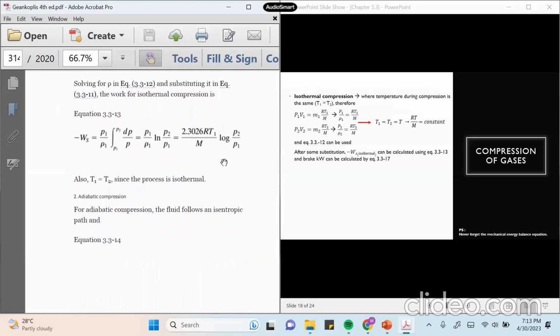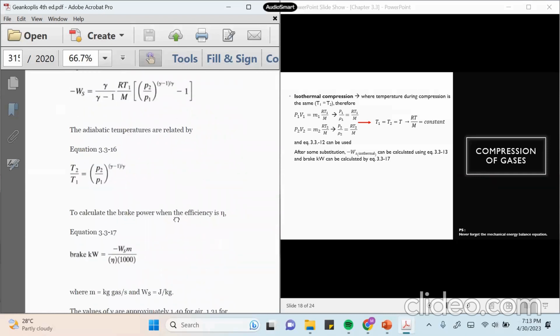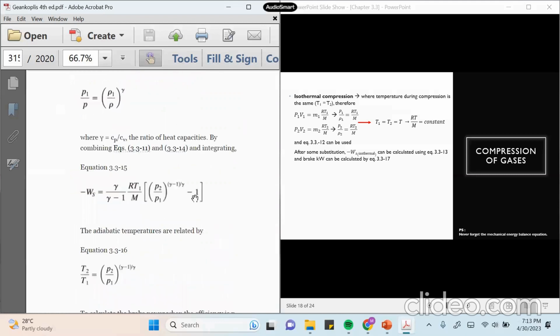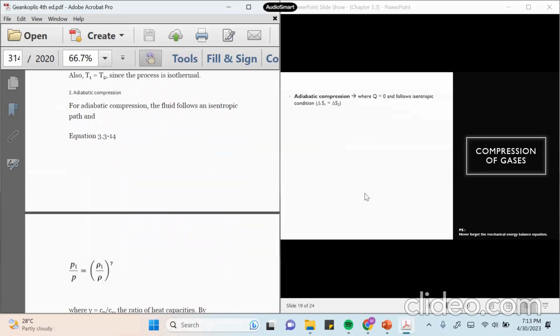And the brake power can be calculated using equation 17. Once you get the minus W during isothermal compression, then you can get the brake power using this equation. Now, that's the isothermal compression.